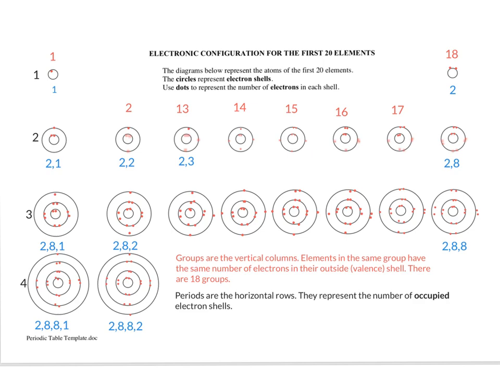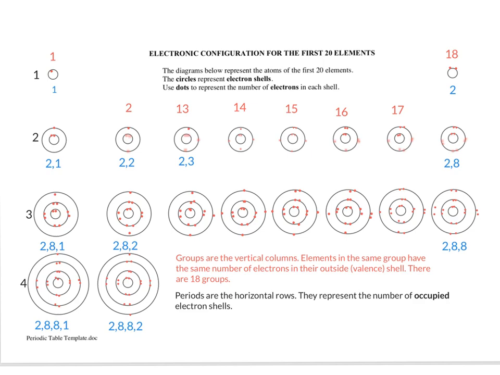Going down, period number 2 has 8 elements in it, because they're all the ones that have electrons in 2 different shells. Elements in period 3, from sodium onwards, have electrons in 3 shells, and the last 2 we've done, potassium and calcium, are in period 4. They have electrons in 4 different shells.